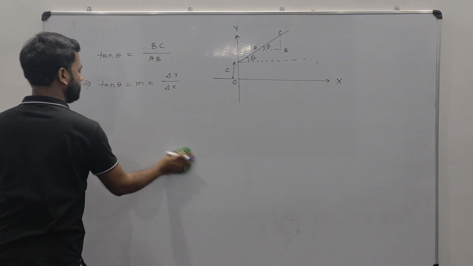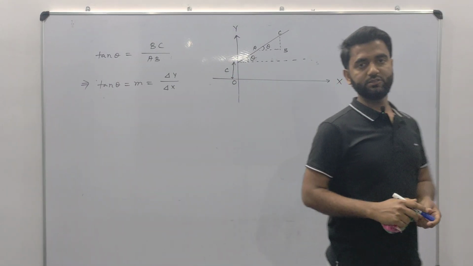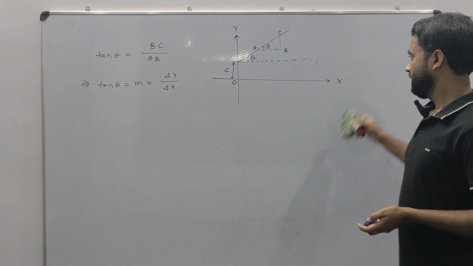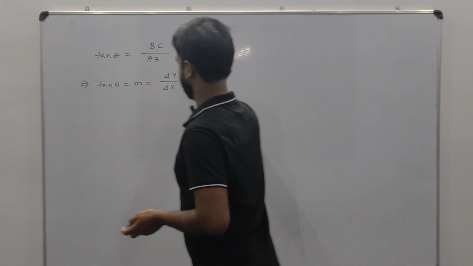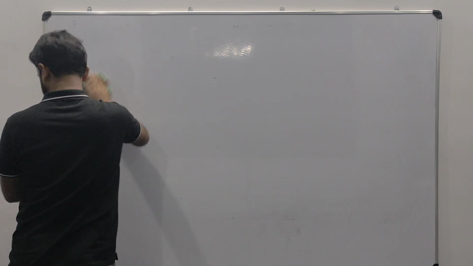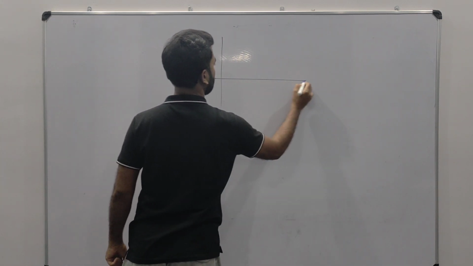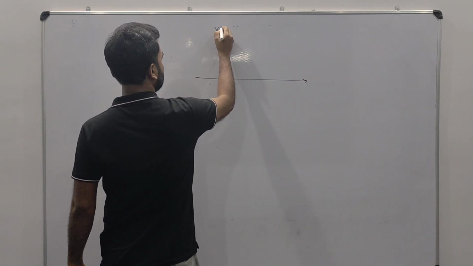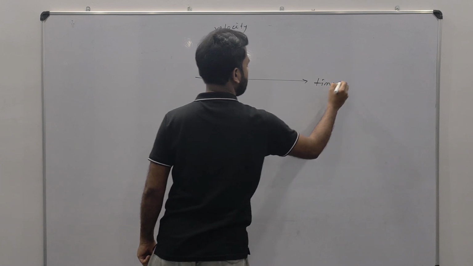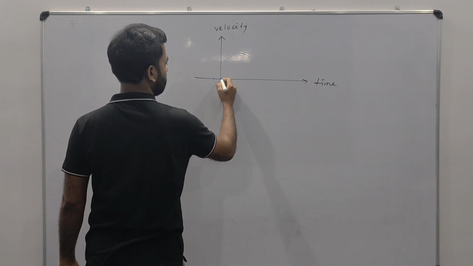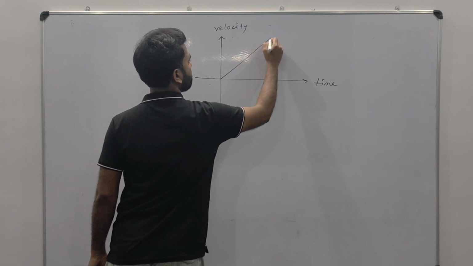Now, if we consider a particle which is moving with uniform acceleration, with velocity on this axis and time on this axis, then a particle moving with uniform acceleration will be represented like this.